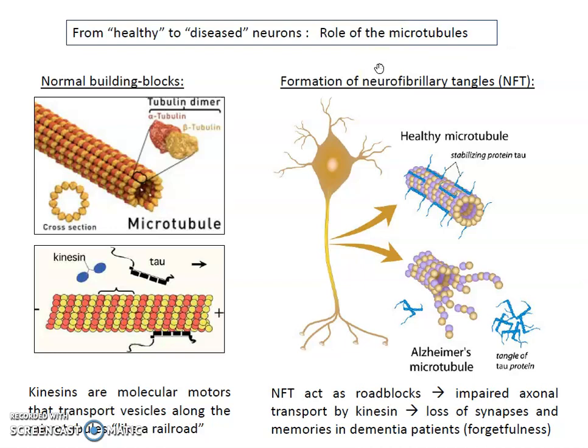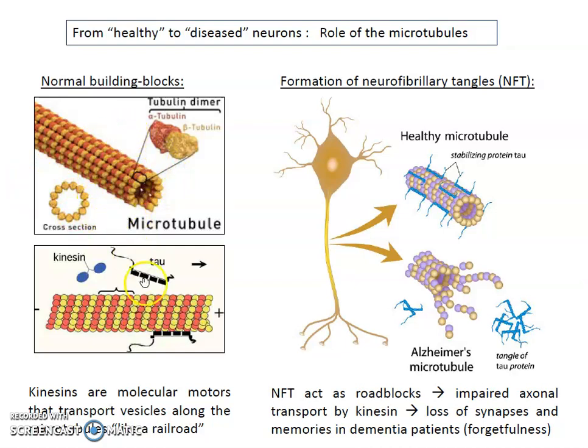Here I will present the top view of the healthy neuron and the neuron that is attained by Alzheimer's disease. In this image, the neuron is represented with microtubule, with tubulin dimer, and here with the microtubule and the cross section.